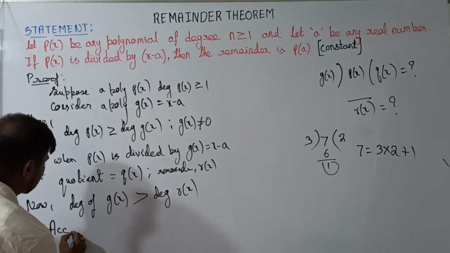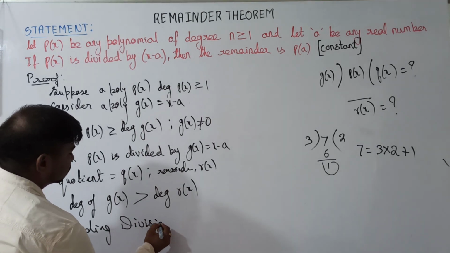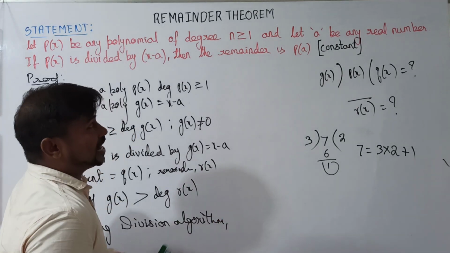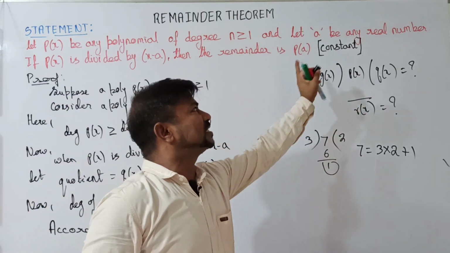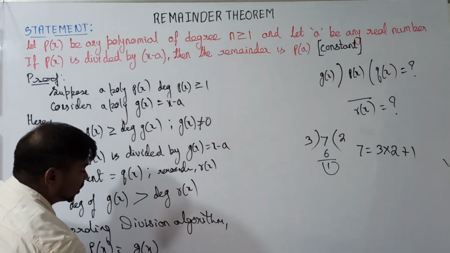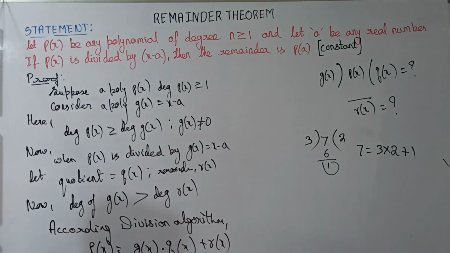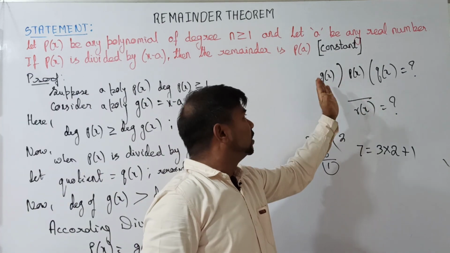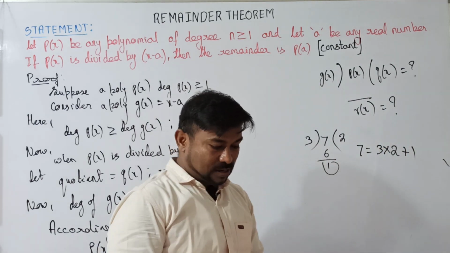According to the division algorithm, p of x is equal to g of x into q of x plus r of x. This is the concept we know according to the division algorithm. That is what it is helping us with.